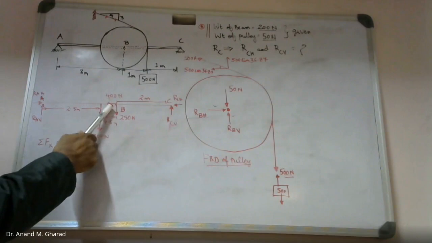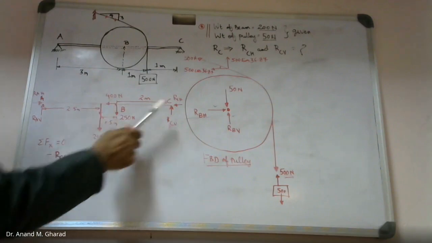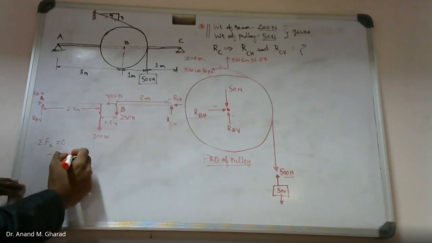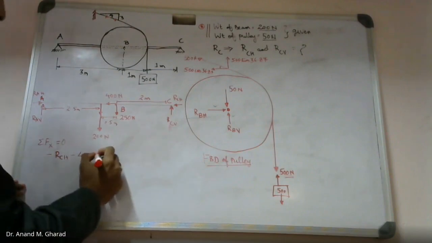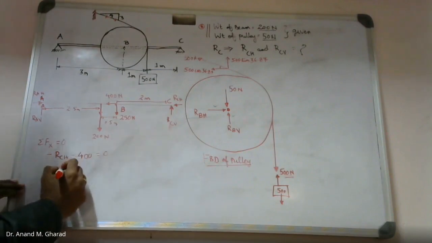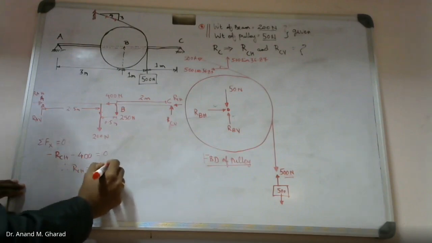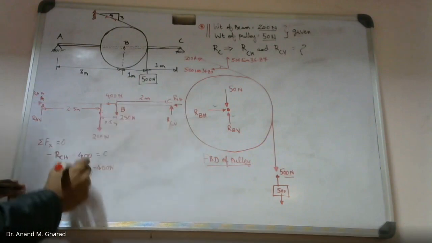How many forces do you observe? So minus RCH. I am assuming this direction, right? Initially, I am assuming in this way. Minus 400 equal to 0. Therefore, RCH is equal to minus 400 Newton. That means my assumed direction is wrong. I need to modify it.